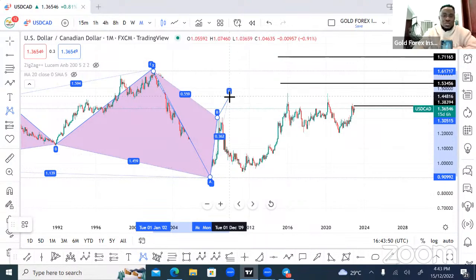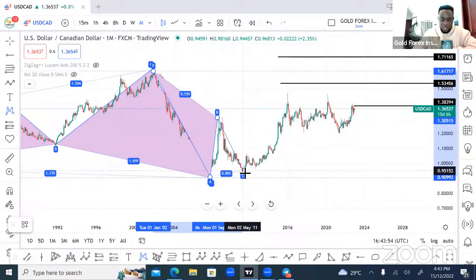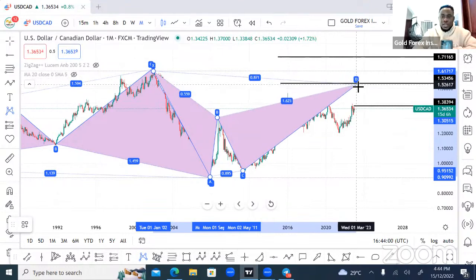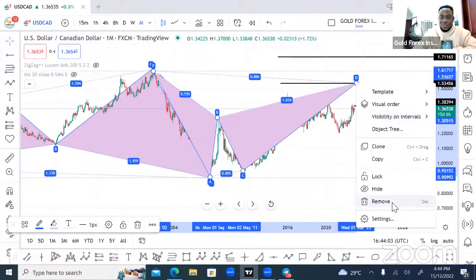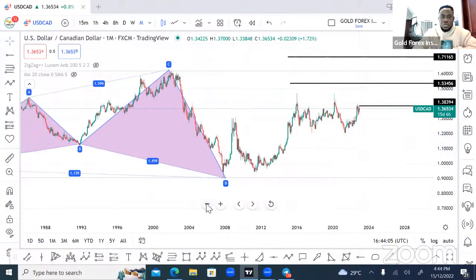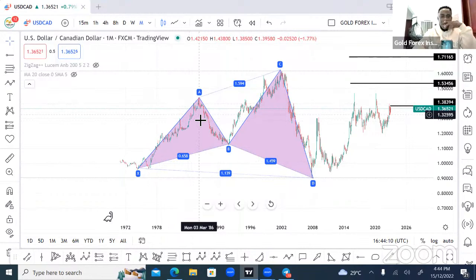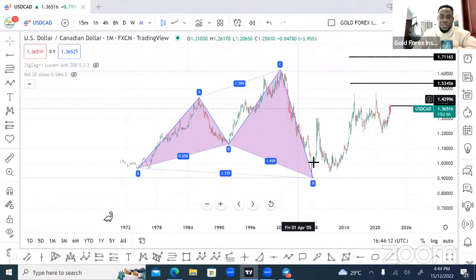Now when it gets to this level, this one is forming a shark pattern formation over here. Why did we get a shark pattern formation? You see this pattern over here actually formed as a shark pattern.